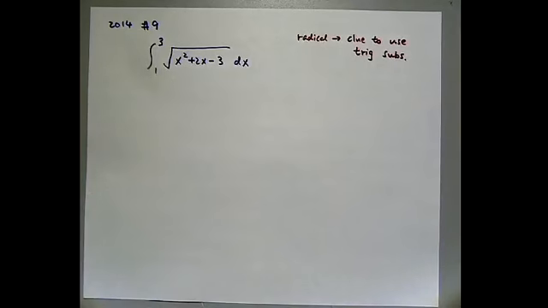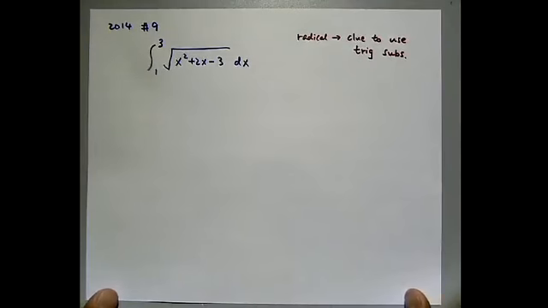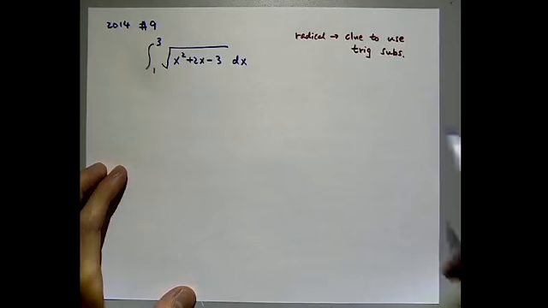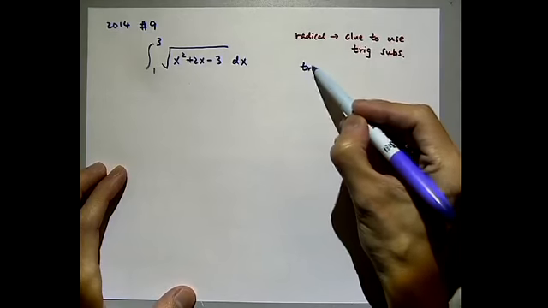Not always the case. Sometimes we can get away with using a substitution. But in this example here, a trig substitution is a better way to do it. Okay? So if you see a radical, think about trig substitution being an option.